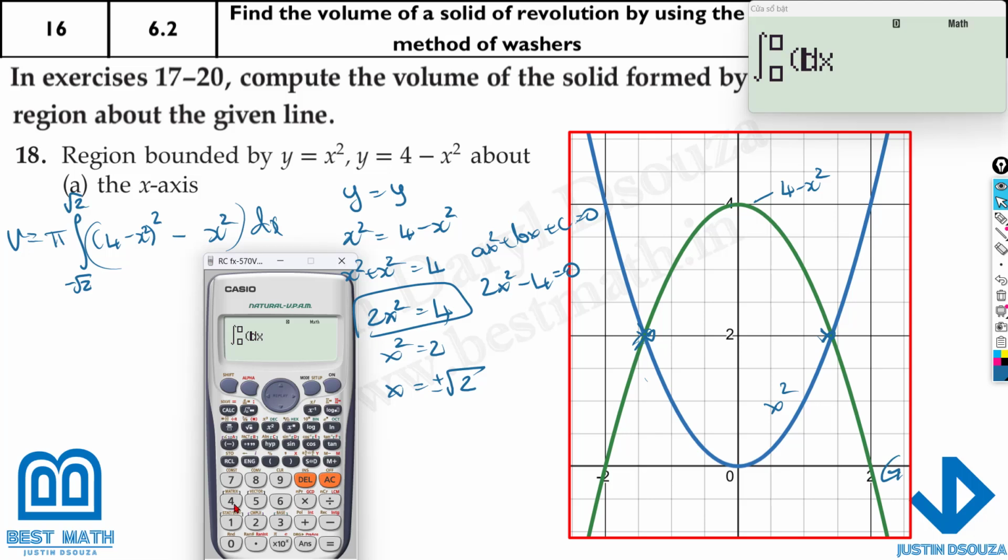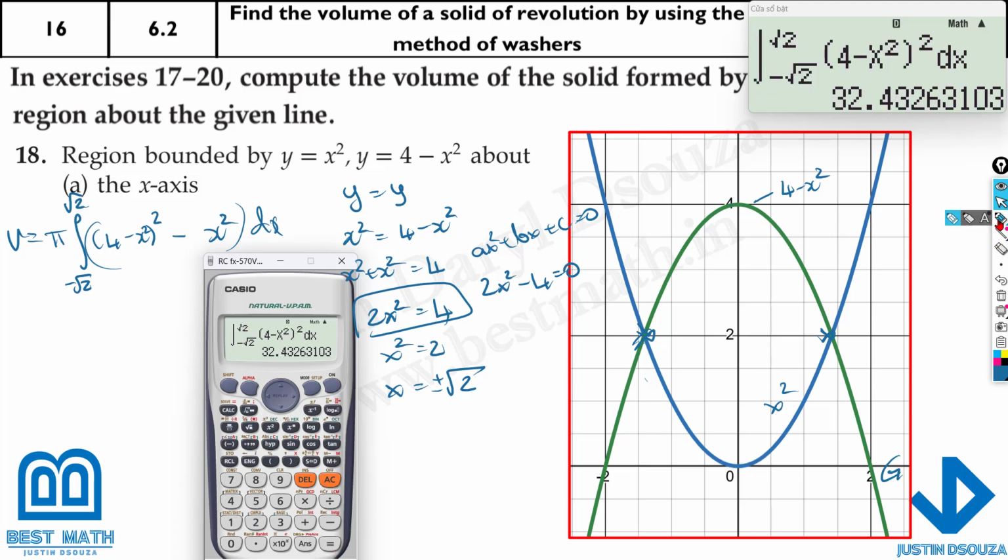Integral. First it's 4 minus x squared, close the bracket and square it up again. And here it's minus square root 2, and over here we have square root 2 as well. And now here we are just getting decimal points, so we can't do much. V is equal to pi multiplied by 32.43.